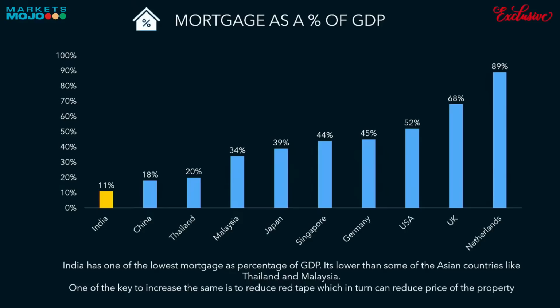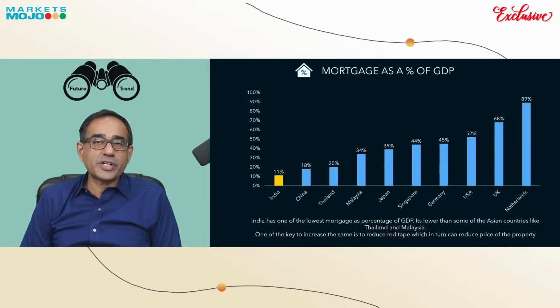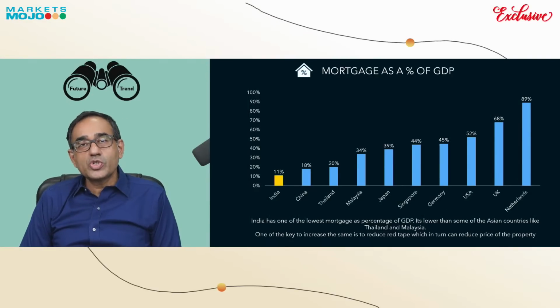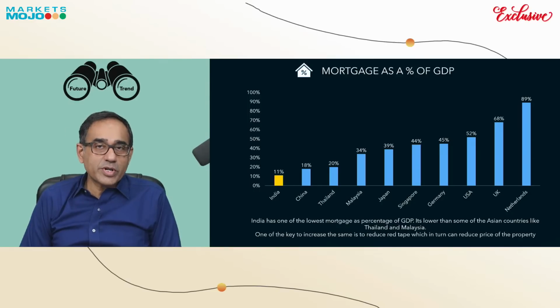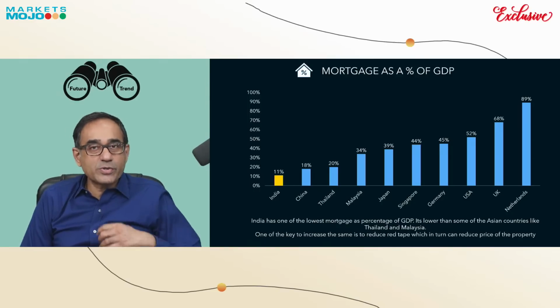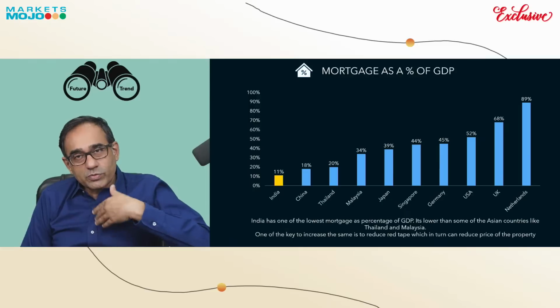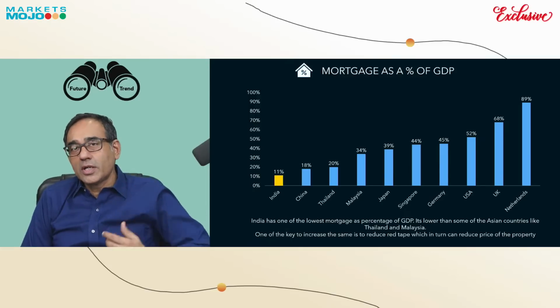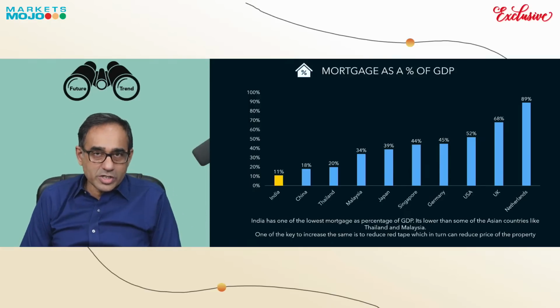And I'm of the opinion that one of the best ways to increase the penetration of real estate in the country, or the house mortgage as a percent of GDP, is to decrease the price of the property. And one of the best ways to decrease the price of the property is to reduce the red tape, so that the more the approvals, the more cost gets added.